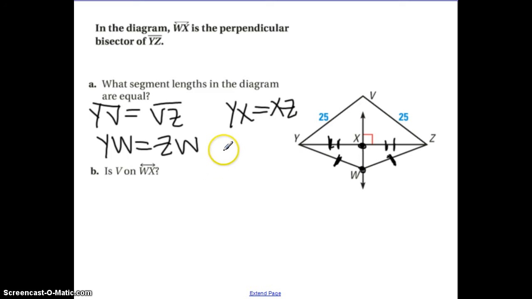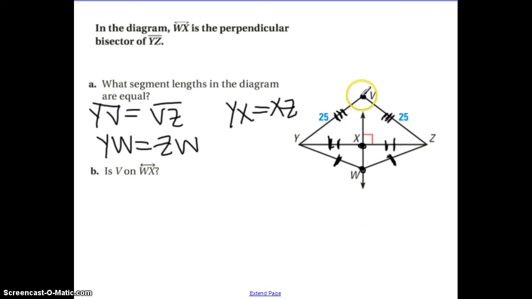Now let's look at our point V. It's asking us, is V on WX? Well, if we know that this line, YV, is the same as this line, ZV, then this point V must be on this perpendicular bisector. This is the converse that we just looked at.